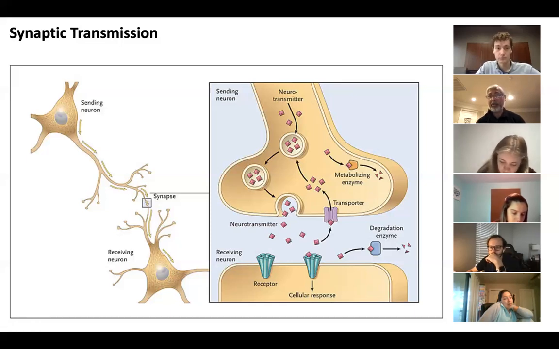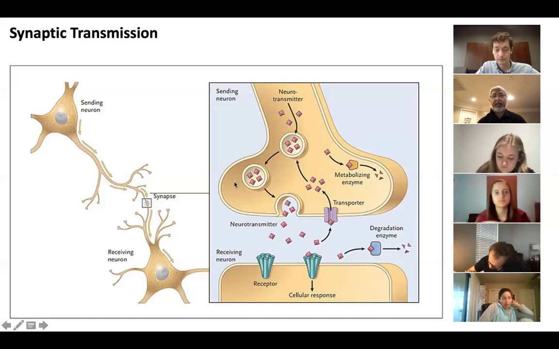You are familiar with exocytosis, right? When a cell releases something, that process is called exocytosis. So when a signal reaches the presynaptic terminal, the synaptic vesicles fuse with the presynaptic membrane and release their content, the neurotransmitter, by exocytosis.